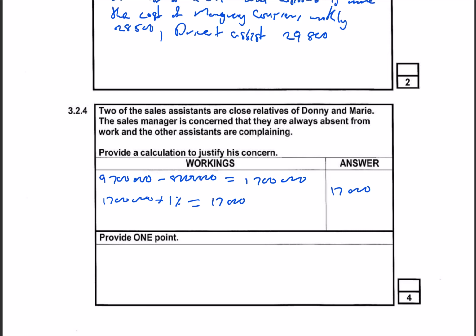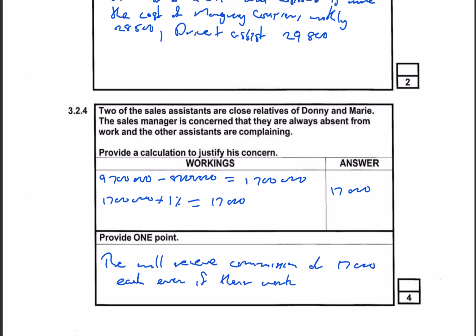They just receive 17,000, which is the hard work of the others. So the point is basically the other two will receive commission of 17,000 each, even if their work was not equal to the work of others.